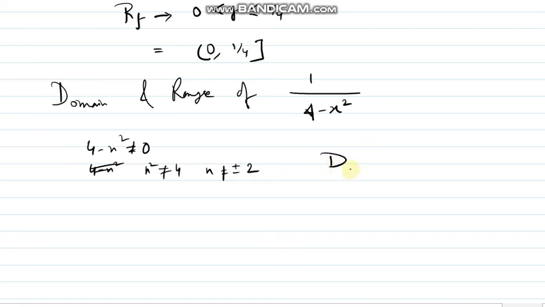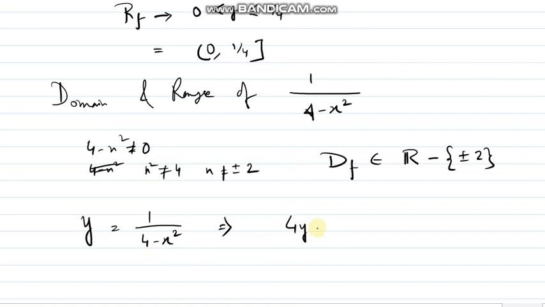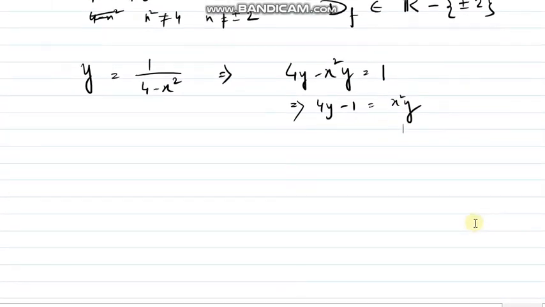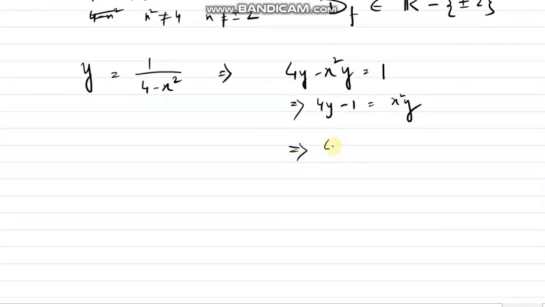So the domain of the function is any real number except plus minus 2. Now for the range, again I will take y equals 1 divided by 4 minus x square. So 4y minus x square y is equal to 1. So 4y minus 1 equals x square y. Hence (4y minus 1) divided by y is equal to x square.